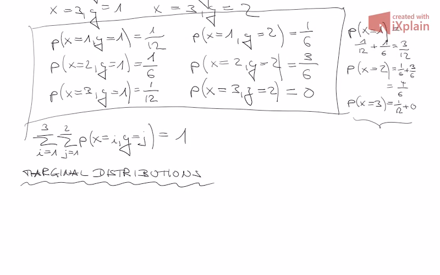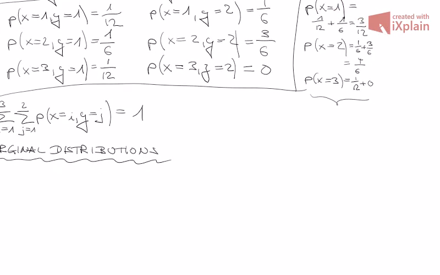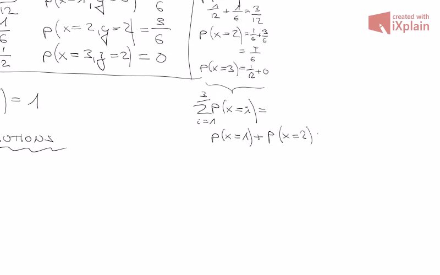If we consider the sum from i = 1 to 3 of p(x = i), I'm just writing out the sum: p(x = 1) plus p(x = 2) plus p(x = 3).